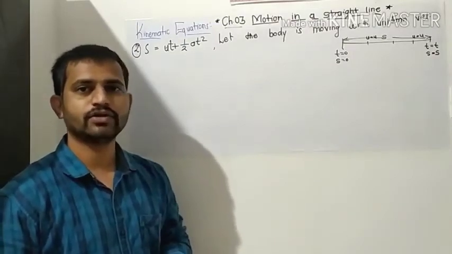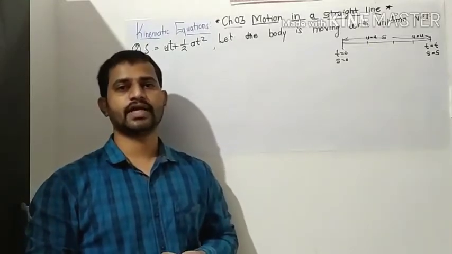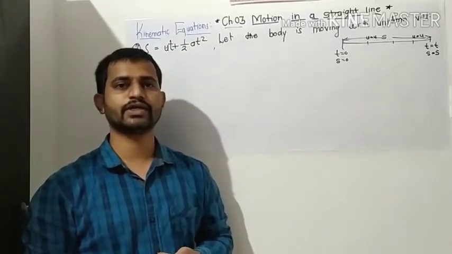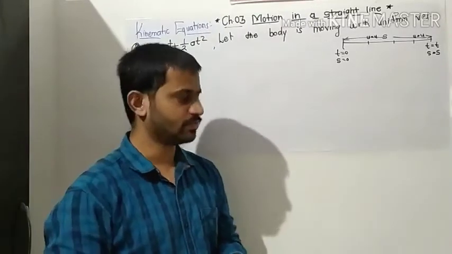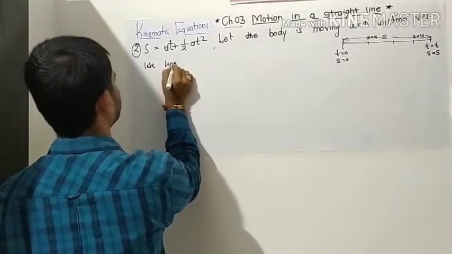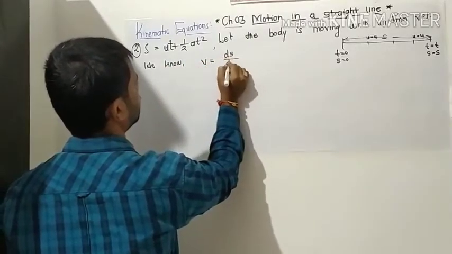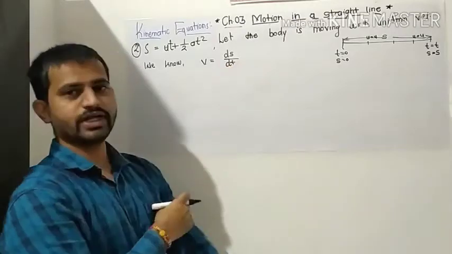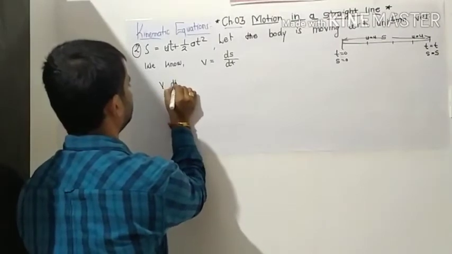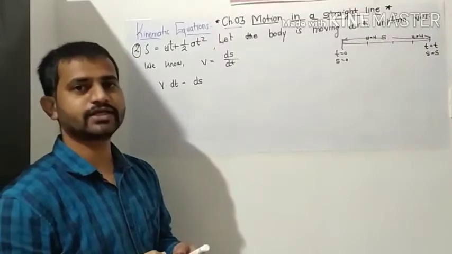Now we have the equation of velocity, that is the change in displacement upon time. So we can write velocity is equal to ds upon dt. So we can write it as v dt is equal to ds.